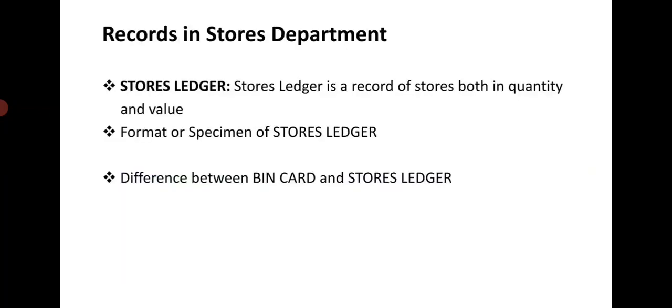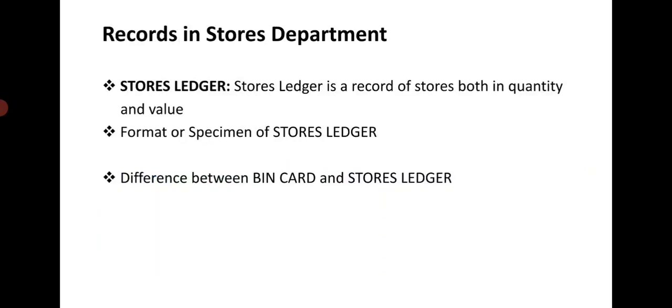The next record in the stores department is the stores ledger account. So what is stores ledger? Stores ledger is a type of ledger which is maintained in the costing department. It is like a reconciliation sheet which is used to find any difference between the bin card and the costing department records.